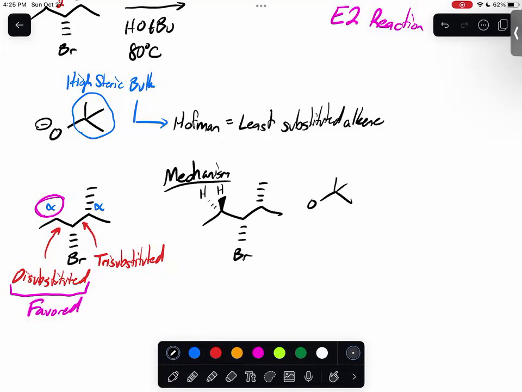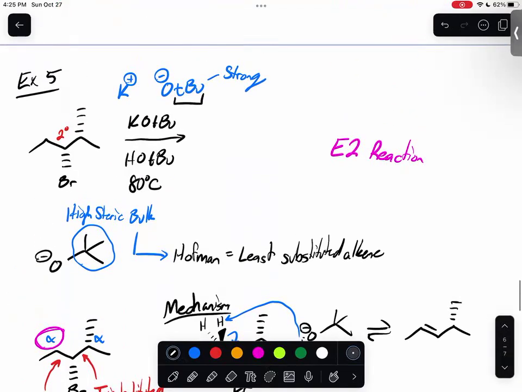So what that means is that for this E2 mechanism, it's going to grab that proton, form the alkene, kick out the bromide, and we're going to end up with this E alkene as our product. All right, so if we were to draw that up here, the answer to this predict the product would be that structure.